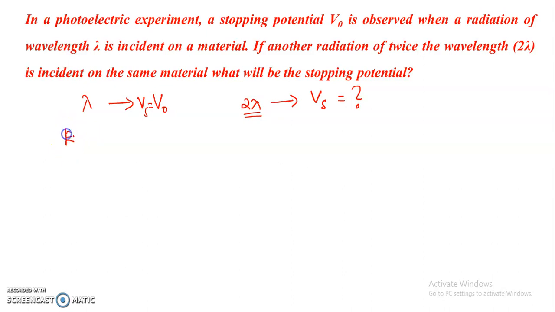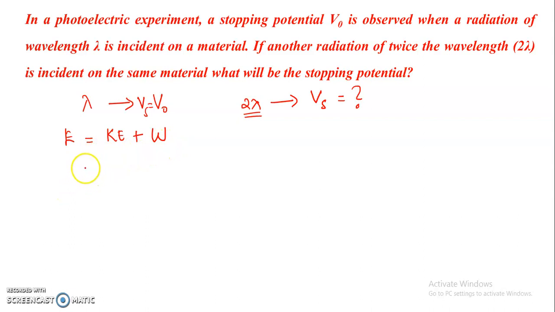Suppose E is the energy of the incident radiation, then we can write E equal to the kinetic energy of the ejected electron plus the work function. The energy required to eject an electron is known as the work function. So the total energy is used for providing kinetic energy and work function.